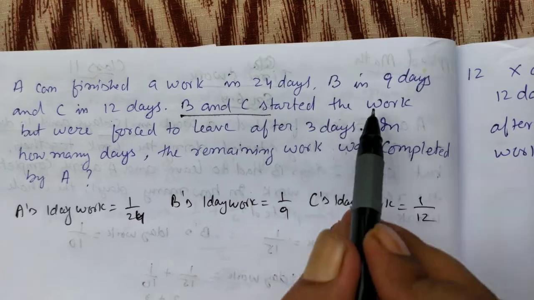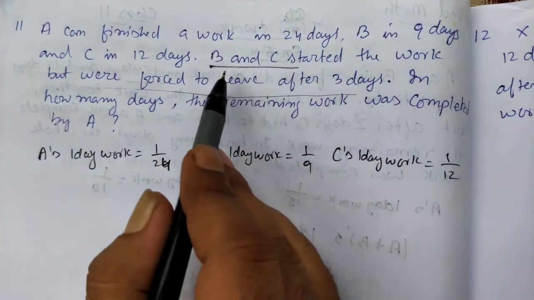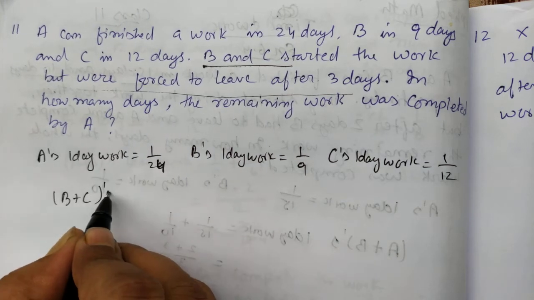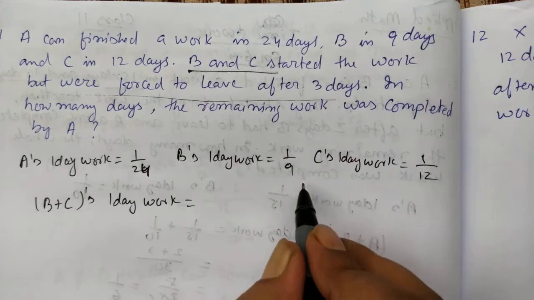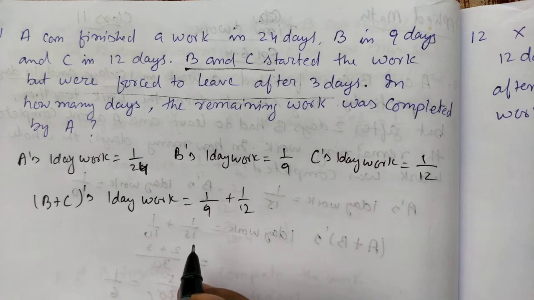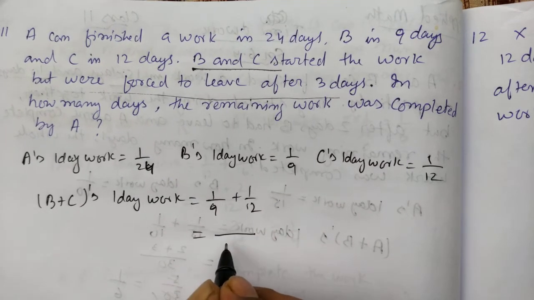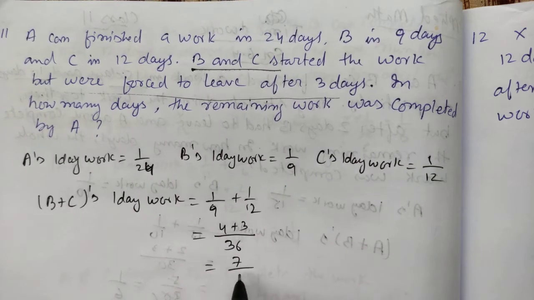B and C started the work but were forced to leave after 3 days. So combined work of B and C we will find. Add 1 by 9 plus 1 by 12. LCM is 36, 9 4 times, 12 3 times, 7 by 36.